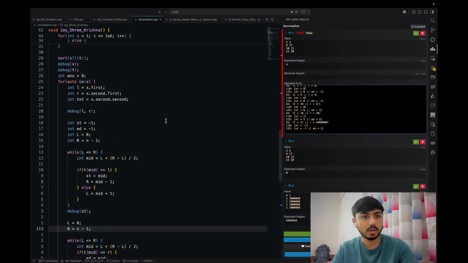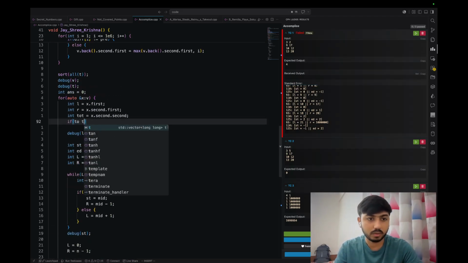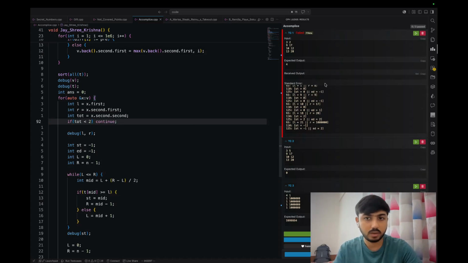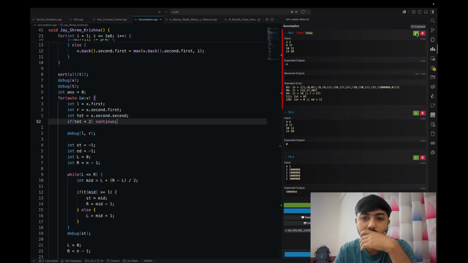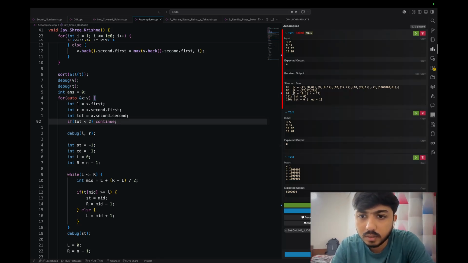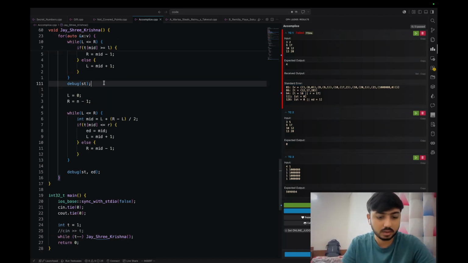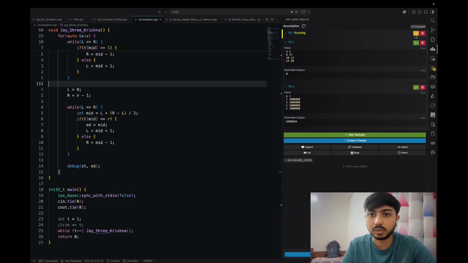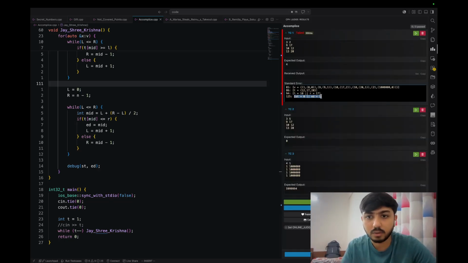And one more thing, if total is less than 2, continue. Cool. So for 10 and 17, we have, okay, what is this? Yeah, got it. Cool. We have 2, right?